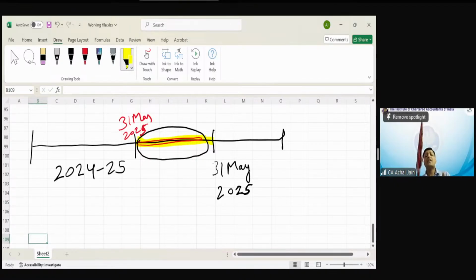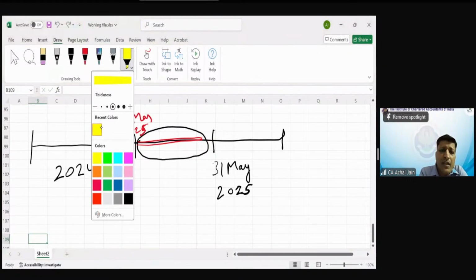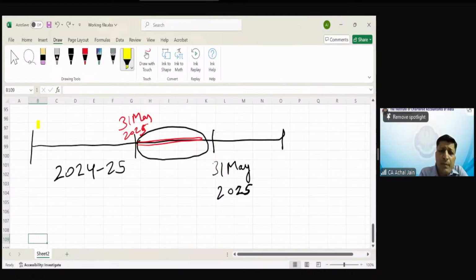Now, does it mean that it will have to be done up to the date the financials are required to be signed? Not necessarily. The auditor will draw a line. Let's suppose the auditor has taken a cutoff. So what's the cutoff? Let's suppose the auditor believes that he will do this, say, up to 20th of May or say 15th of May, because he needs to also wind up the audit.